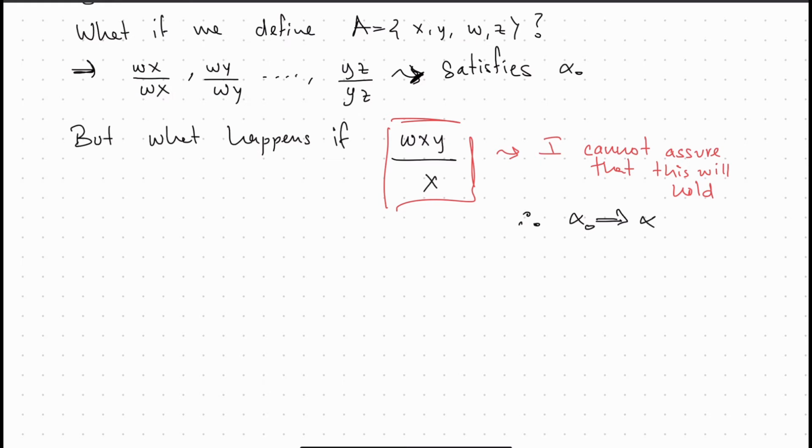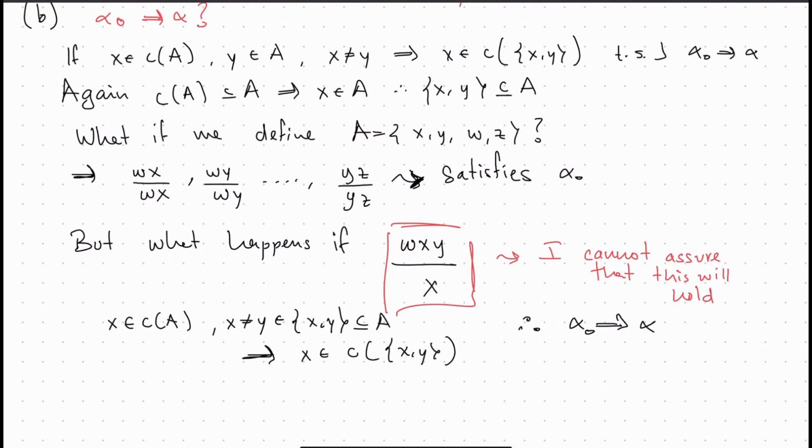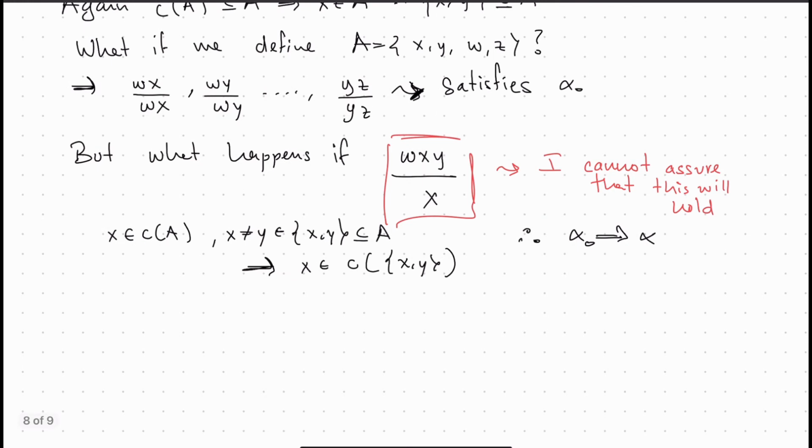We have that x is in CA and x is different from y, both in xy, a subset of A, but this does not imply that x is in the choice correspondence over xy. So you have to be careful with that.